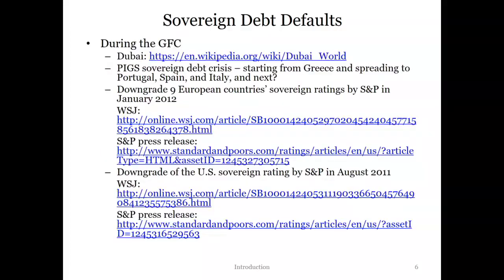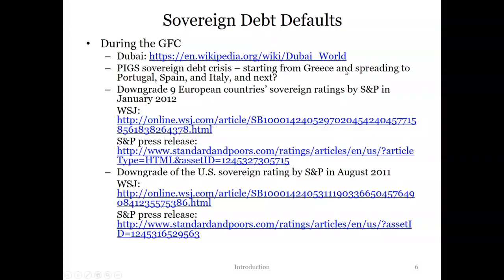And even more recently, actually, I think it's still having some effects today in Europe, right? So in 2012, a few years after the GFC, a couple of European countries defaulted on their debts, right? It's actually a very big event happening during recent years, and it was out of a lot of people's expectation.